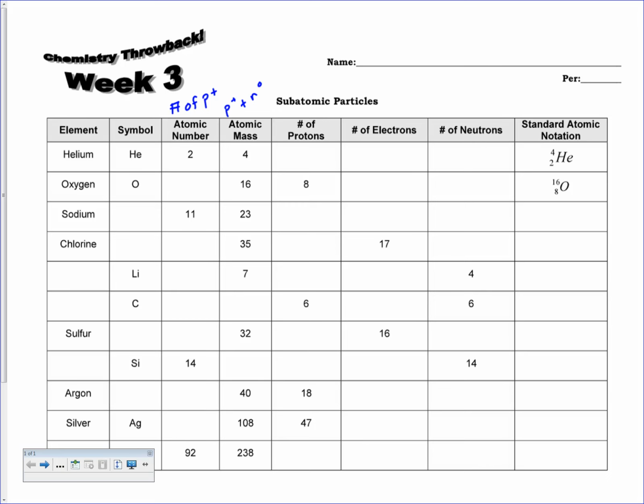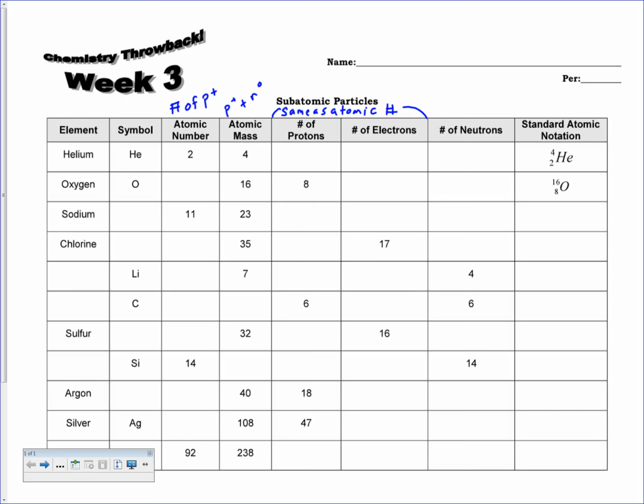Number of protons is pretty self-explanatory, but is going to be the same as the atomic number if you have the atomic number. So same as atomic number. And actually, this is true in this case for both the protons and the electrons, because we're going to assume that these are all not charged particles, meaning they're neutral.